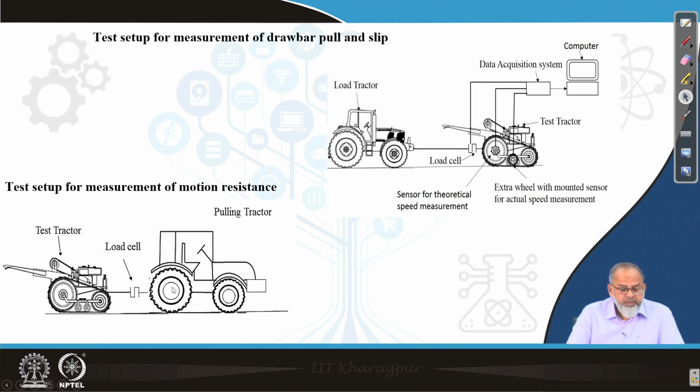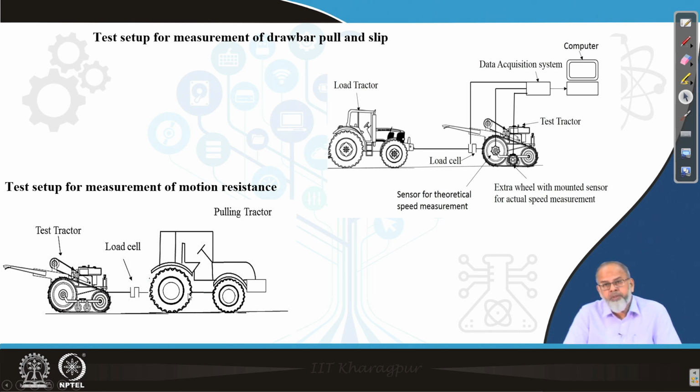So, we put a tractor in the front, and closer to the tractor we put a load cell. With the help of wire we connect the power tiller with the load cell and the tractor with the load cell. The power tiller is kept idle in neutral, and then the tractor pulls it at a certain speed.